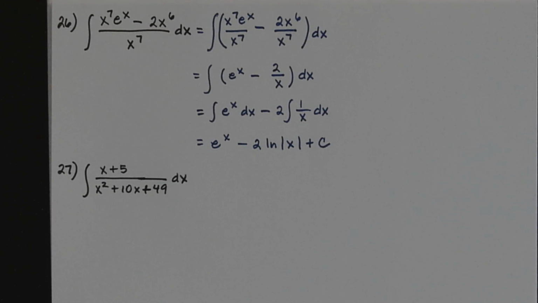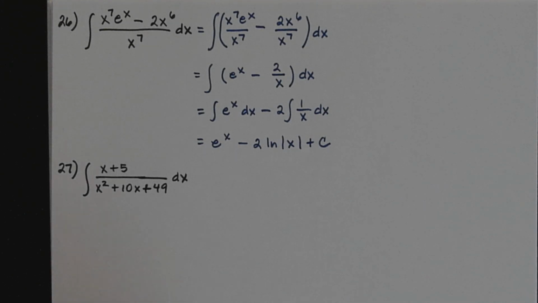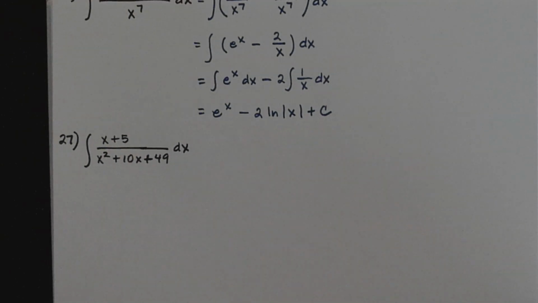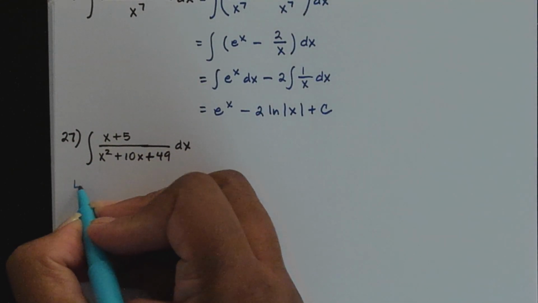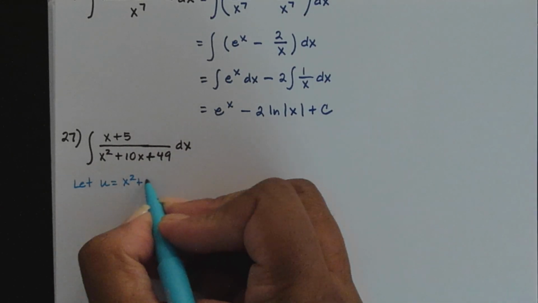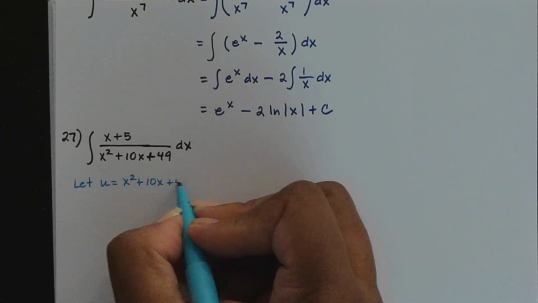So that means here we're going to have to let u equal something, preferably the expression in the denominator. So here I'm going to let u equal x squared plus 10x plus 49.